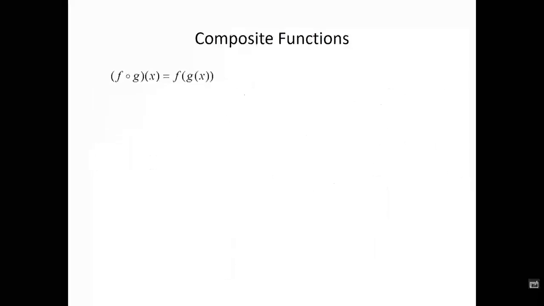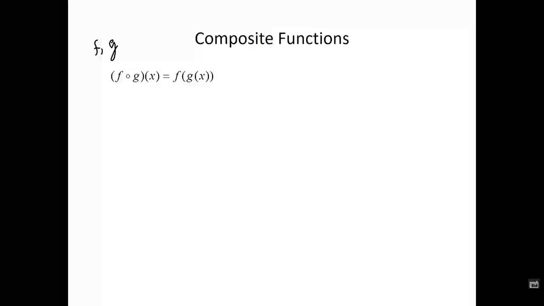In this example, we introduce you now to composite functions. We denote the composition of two functions. So we're given two functions, f and g, and we want to consider the composition of those two functions. That is, one function composed with the other.